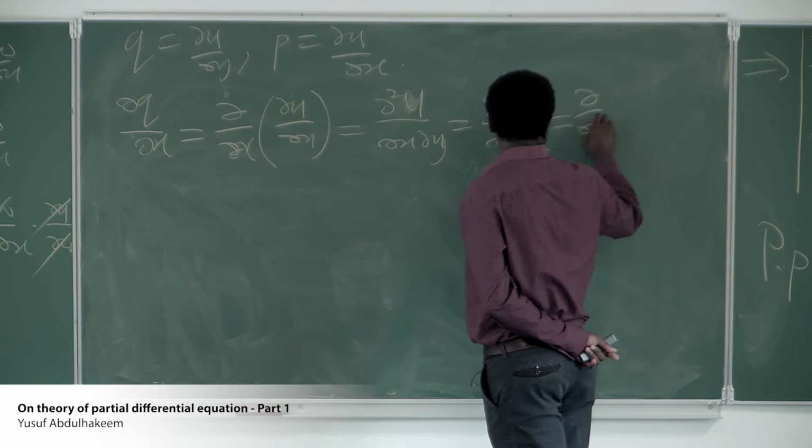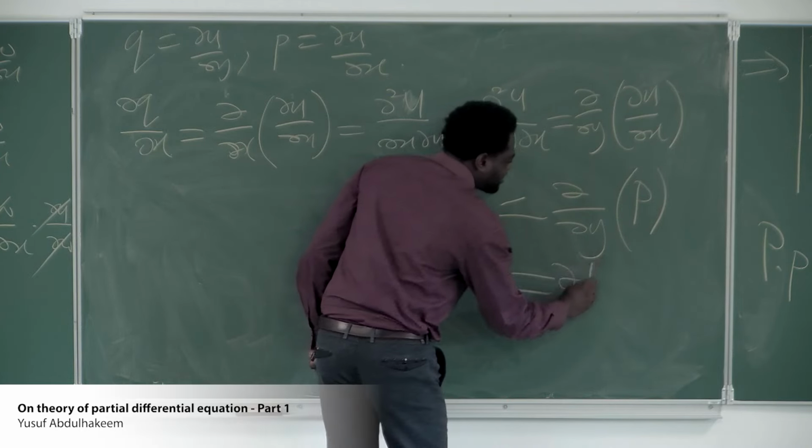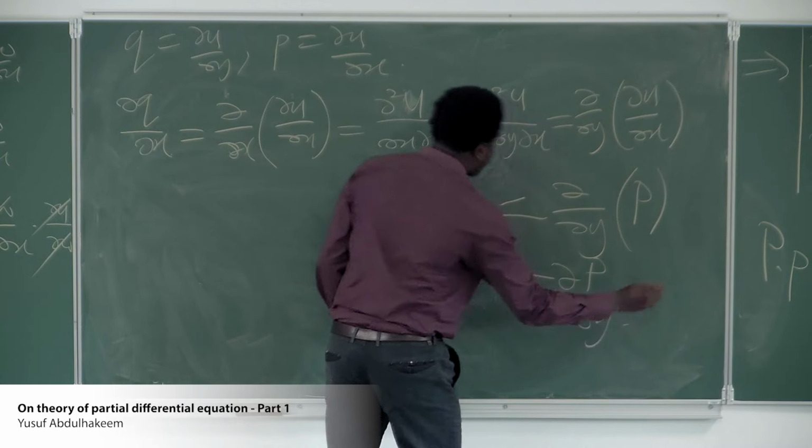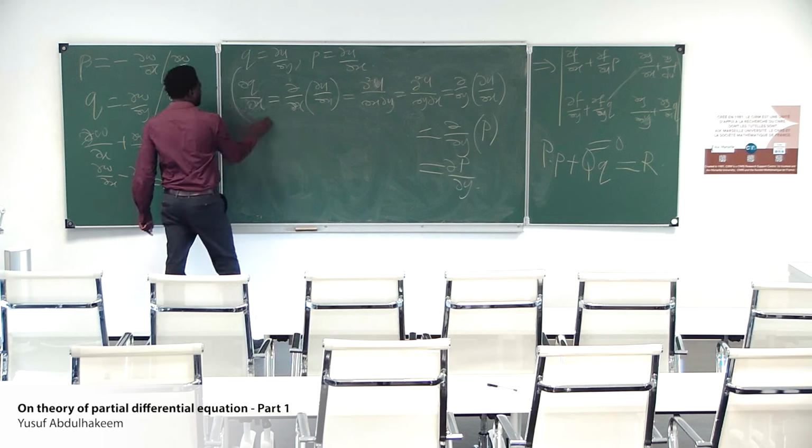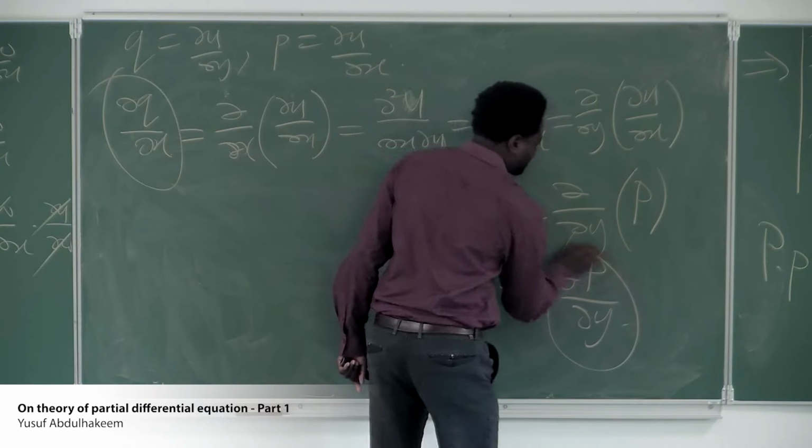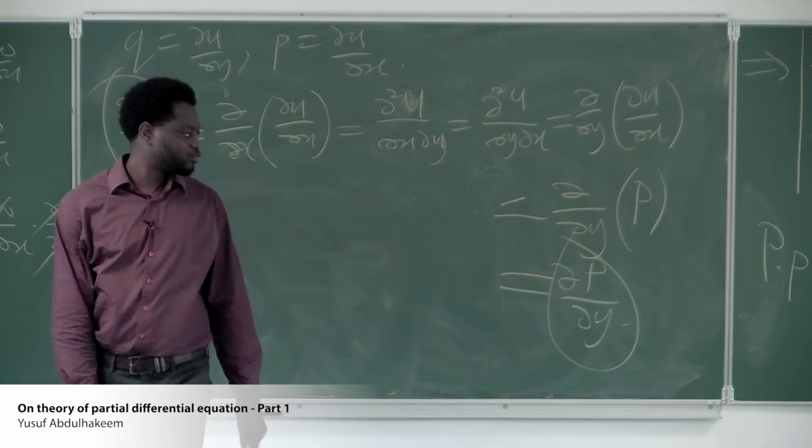And dy of du dx is p. So everything here is dp dy. So it shows that our dq dx is the same thing as dp dy. So that is what we have there.